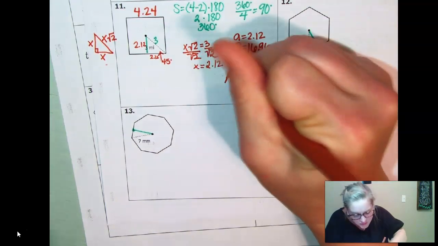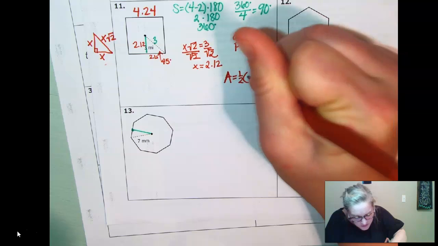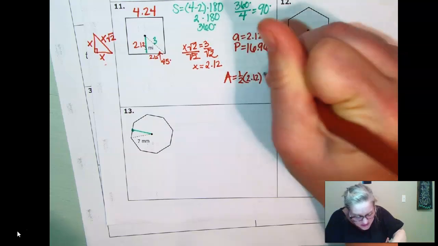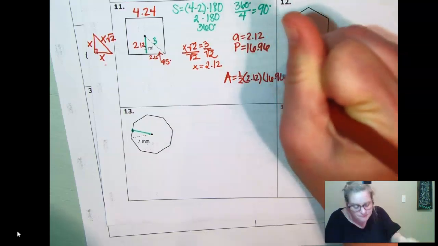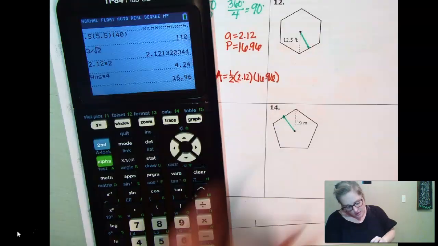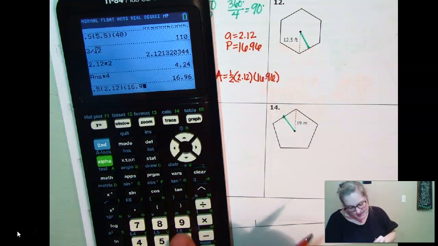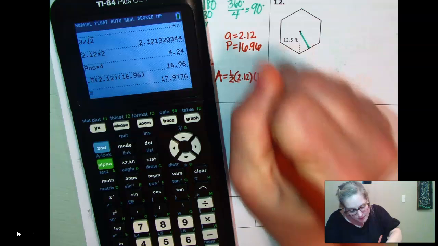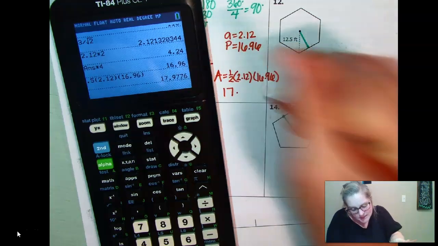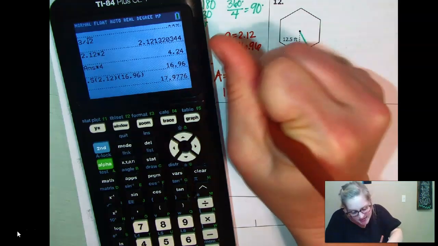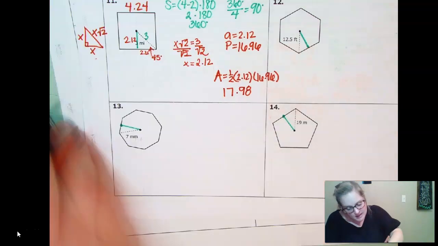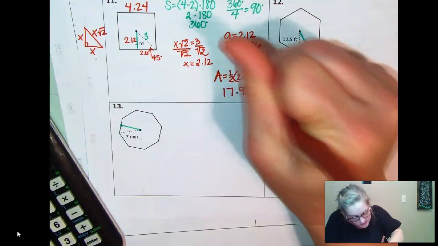A equals 1/2 times A, which is 2.12, times the perimeter, 16.96. So 0.5 times 2.12 times 16.96 equals 17.98 miles squared.